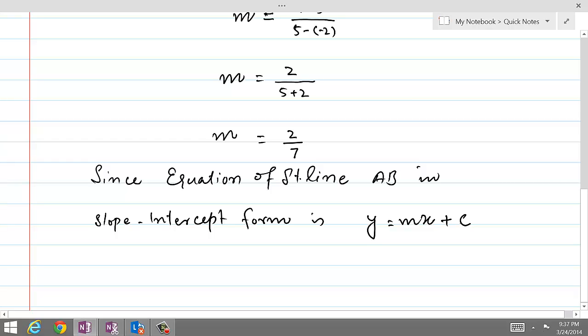If we know m and c, we can just plug in the values for m and c and we will get the equation of the straight line.